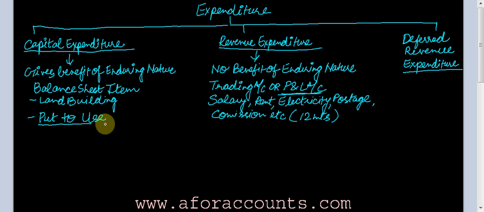Till any fixed asset is put to use, any expenditure done for the machinery or for any building so that it can be put to use, although it may be of revenue nature, will be treated as capital expenditure.